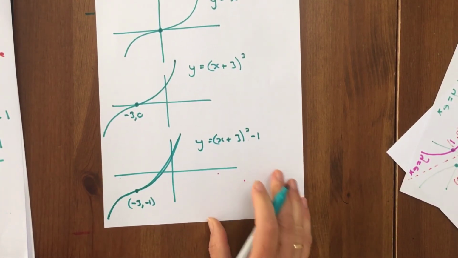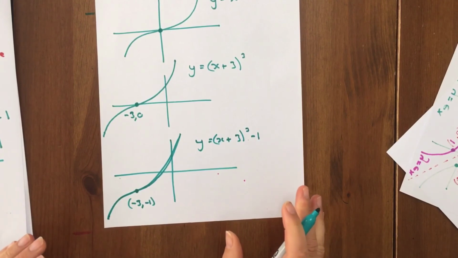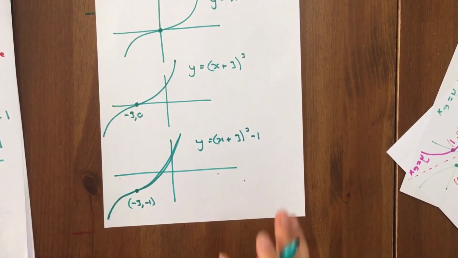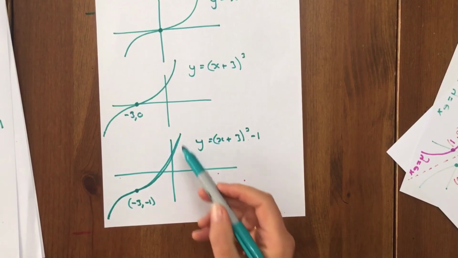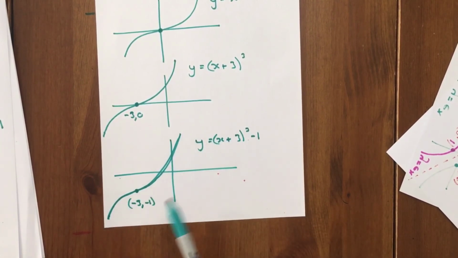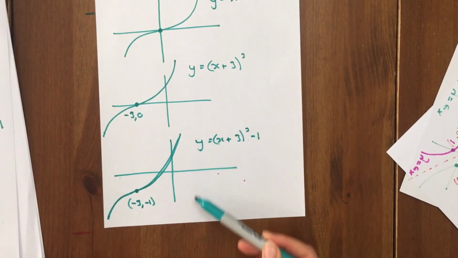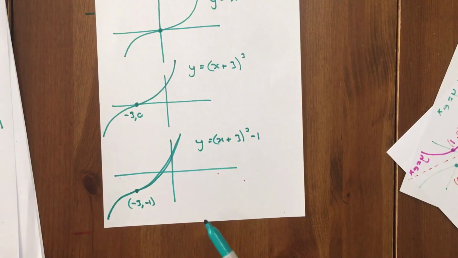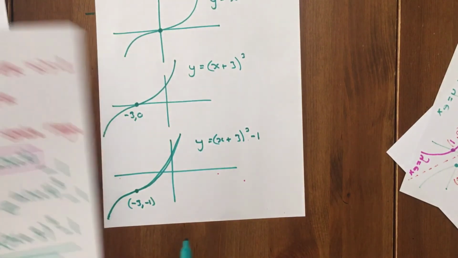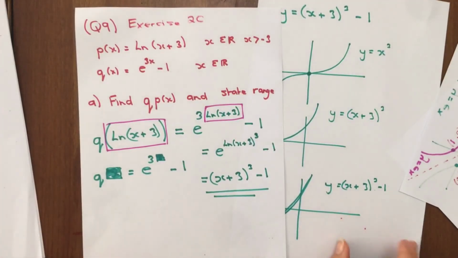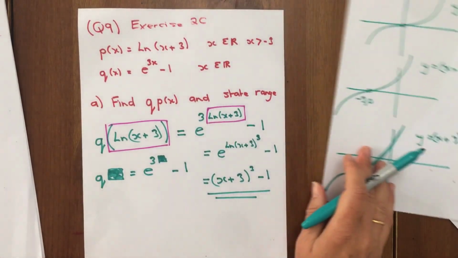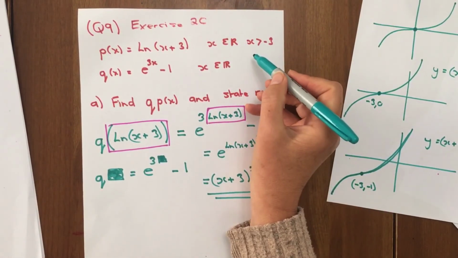Now, why did I plot this? Well, I plotted this to find the range. Now we've got to be careful because the range of the whole of this graph is all my values of y. So y belongs to all the real numbers. However, if we look at the beginning statement in question 9, you can see that we've done what's called restricting the domain.